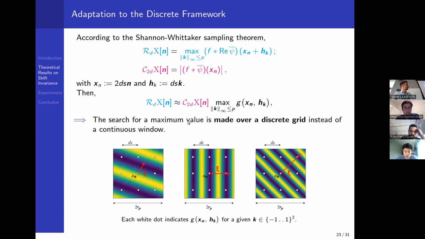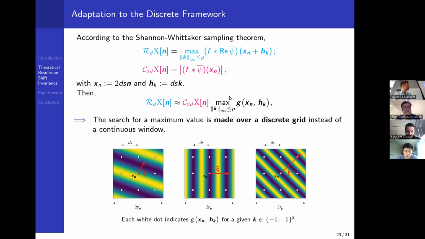So the idea is that we want to evaluate the maximum value of G over a grid. If the maximum value is equal to 1, then we get our equivalence between the 2 operators, as you can see here. This is the output of the max pooling layer, and this is the output of the modulus layer.